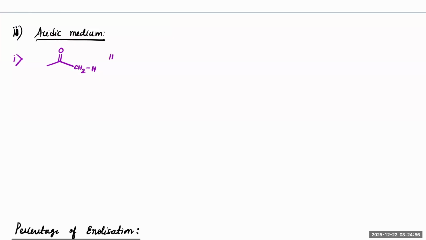And when you have H plus present, that means the lone pair of this oxygen is the first one to attack that H plus. So it will have OH plus and CH2 and H. This is the first part you can get. The first step is called protonation because you are taking a proton on oxygen.